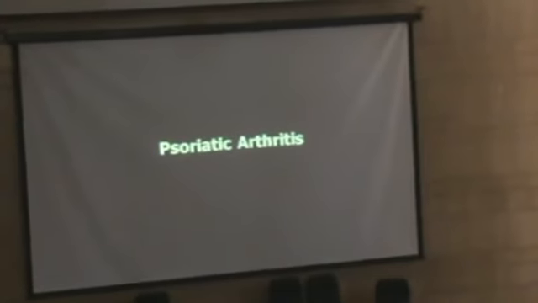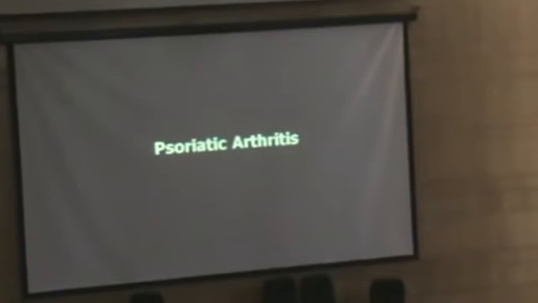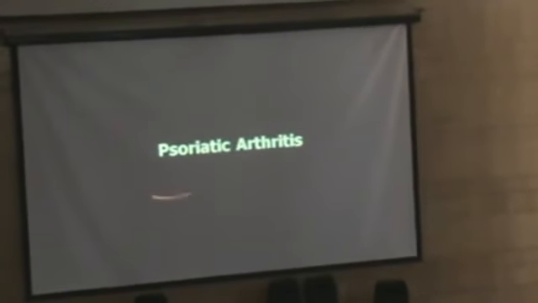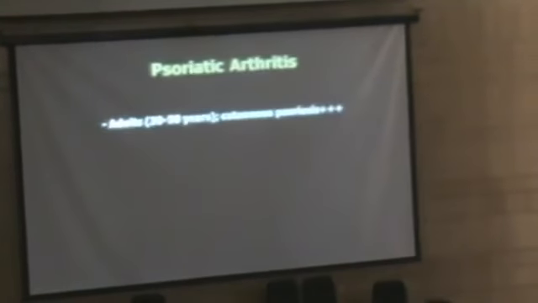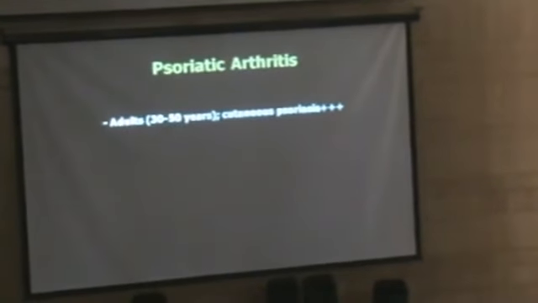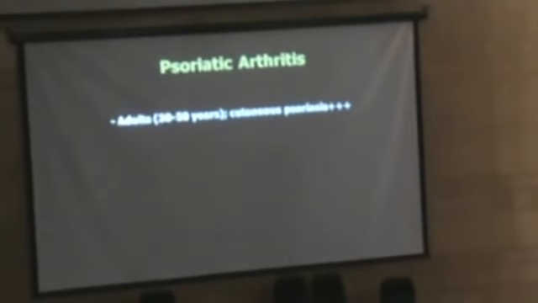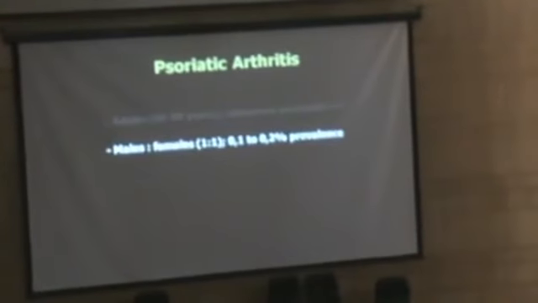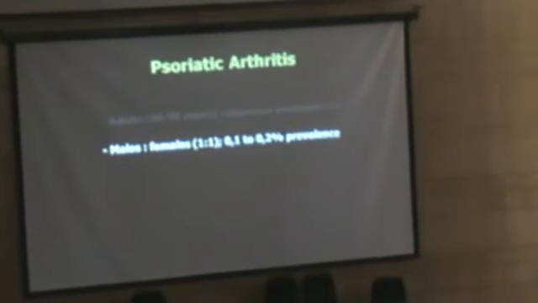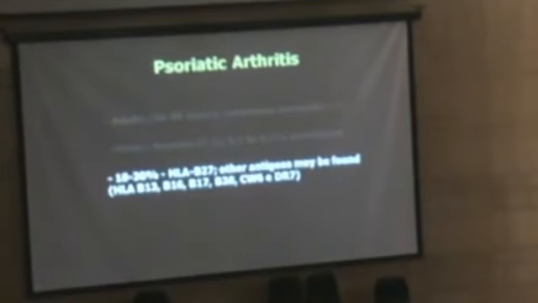So let's go faster for other types of psoriatic spondyloarthropathies. So psoriatic arthritis involves adults between 30 and 50 years of age, and especially those with cutaneous psoriasis, and we're going to show examples of that. It's affecting males and females in the same proportion.